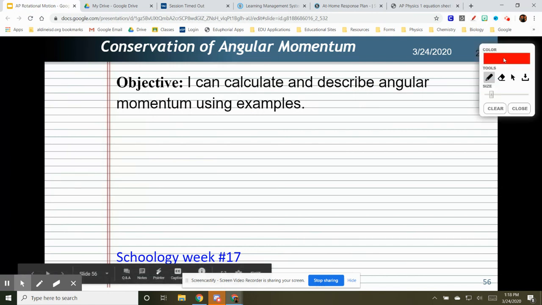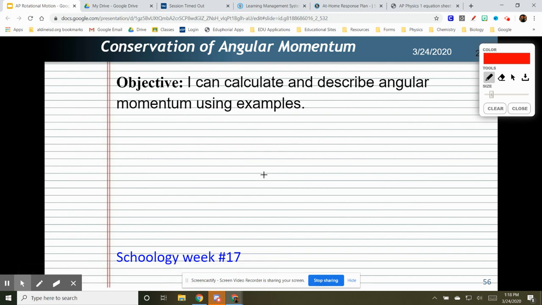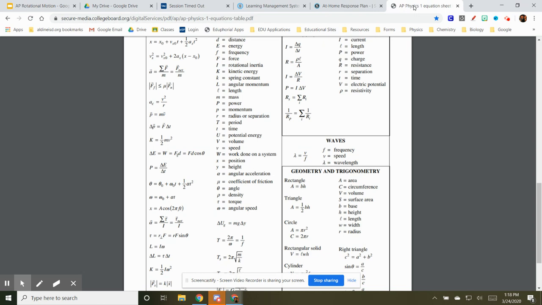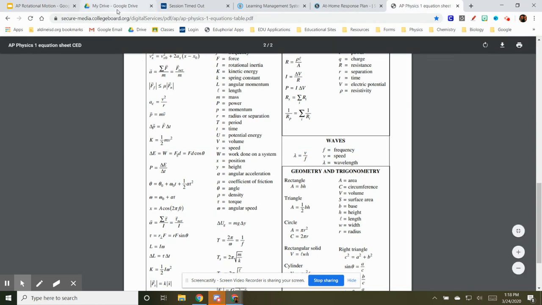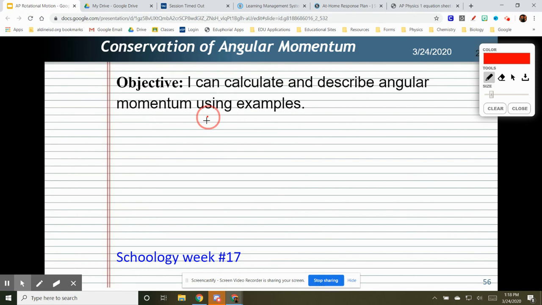Okay, so the equation was, okay, what was it? Change in L equals torque times time.